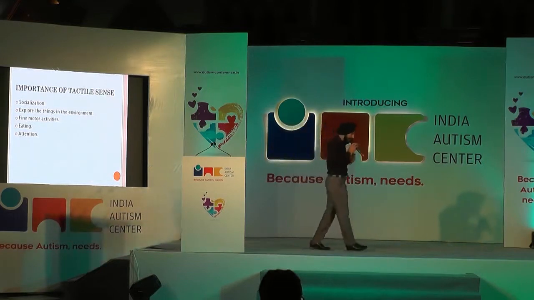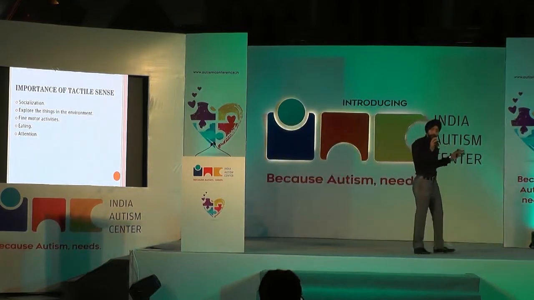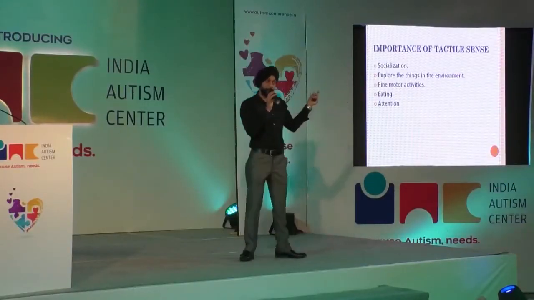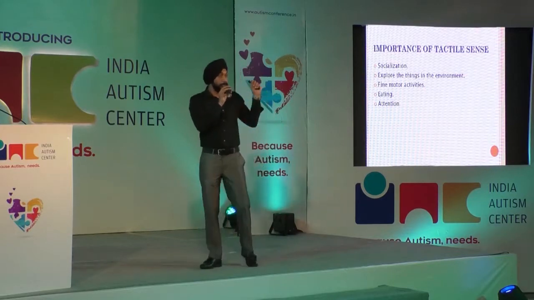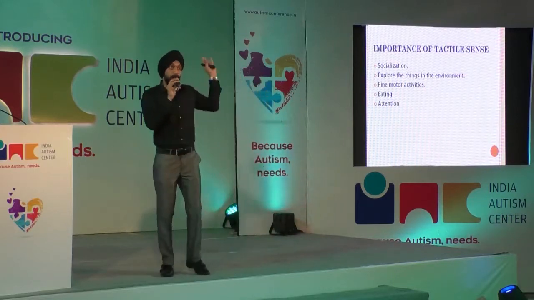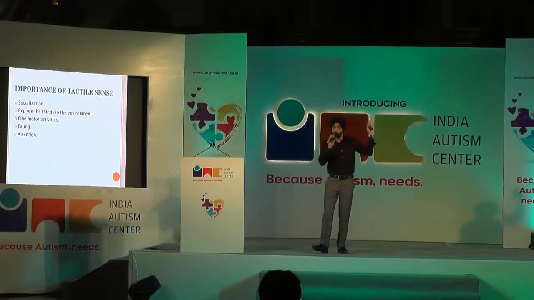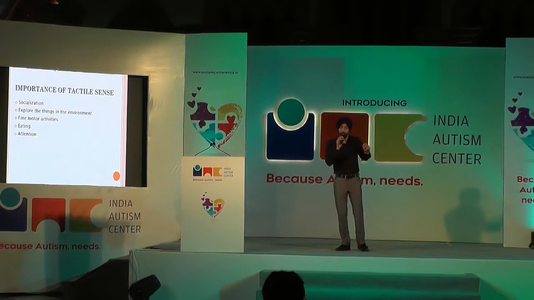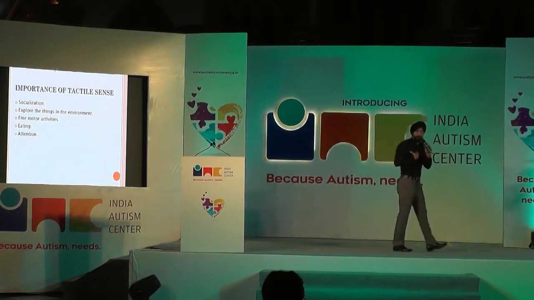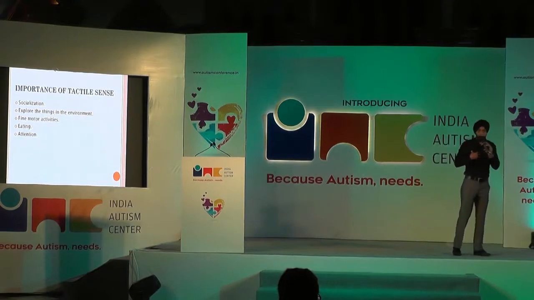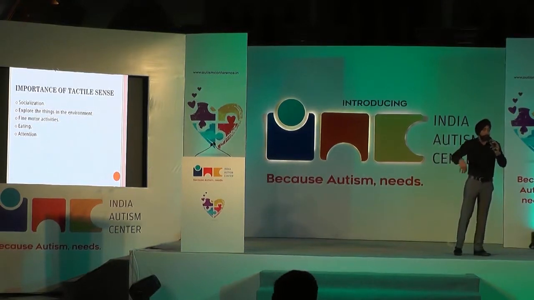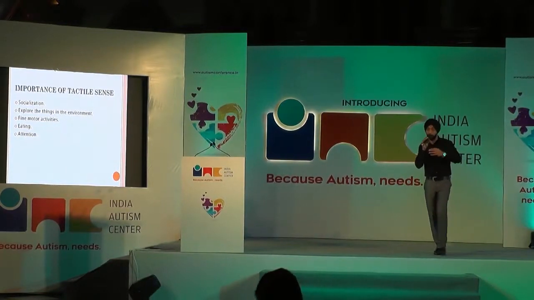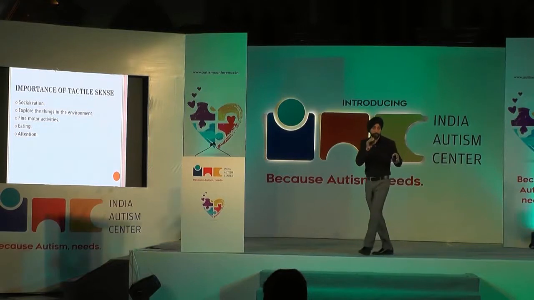If the child is tactile sensitive, hypersensitive, where the normal intensity of a stimulus is too high, what will I do? If the intensity is too high, I will avoid it, isn't it? So if I am hypersensitive to touch, I will not try to sit in the circle, I will not try to do group activities, and in the end the result will be poor socialization.